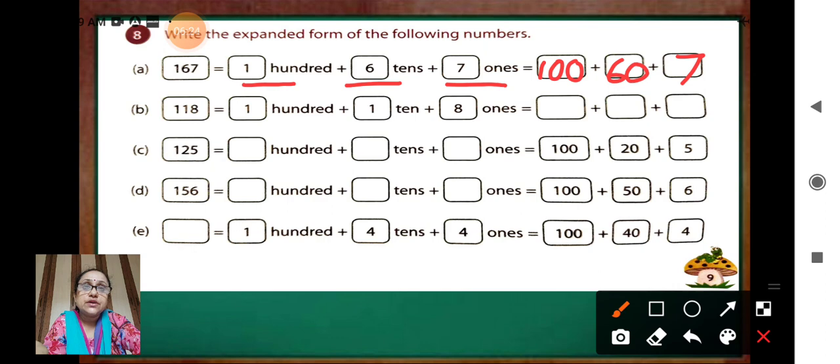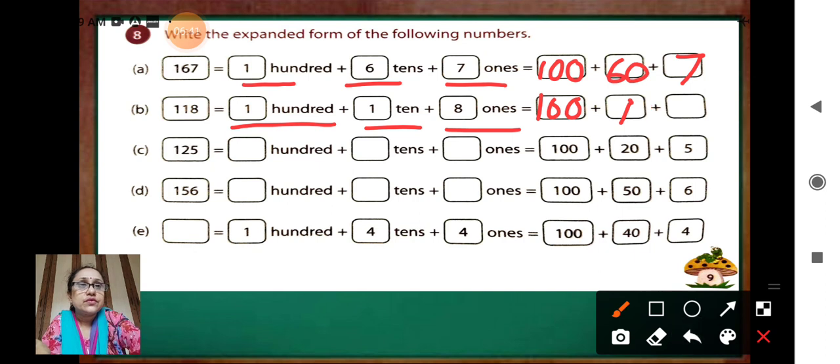The next one, 118, 100 plus 1 ten, 10, plus 8 ones. Yes, write here 100, then 10 and 8 ones.